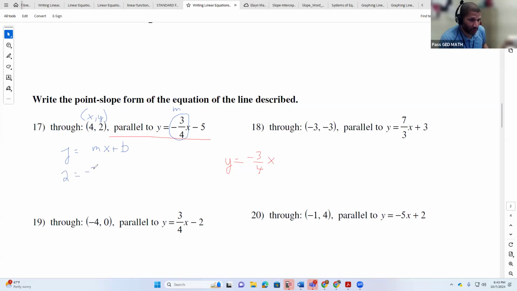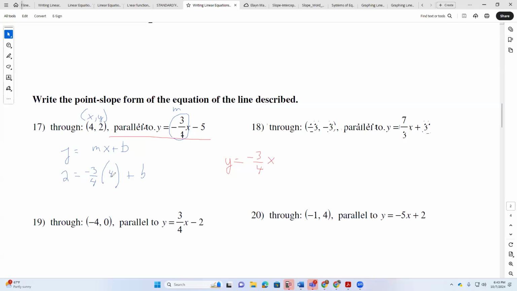My slope is -3/4. My x is 4, plus b. What's going to happen to my 4's? They cancel out. So I'm going to have 2 equal -3 plus b.